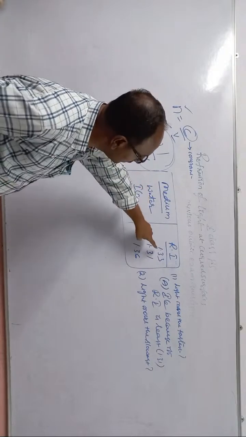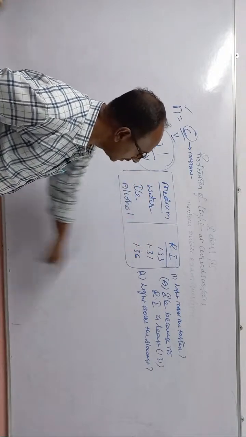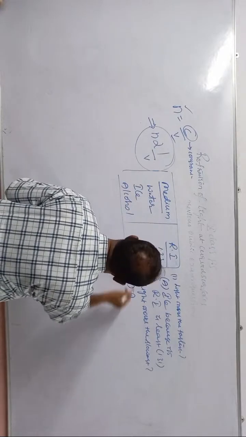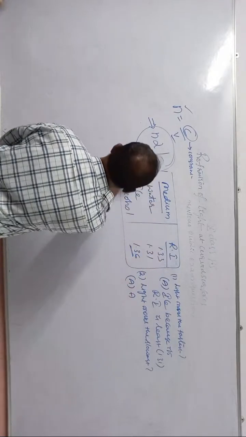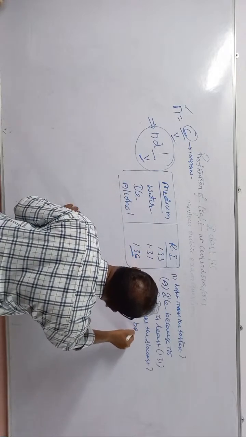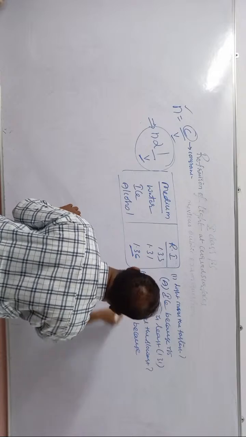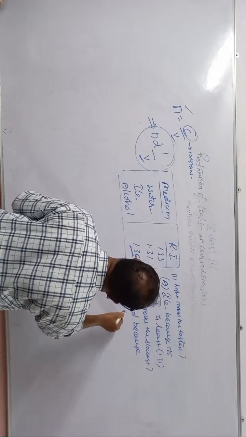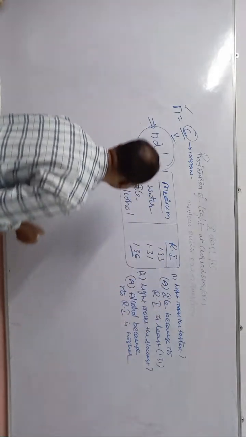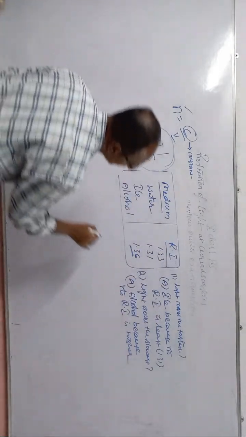The highest value is alcohol, so the answer is alcohol. Refractive index is higher, so the speed of light is lower. So alcohol, because its refractive index is higher. This is how you can say it.